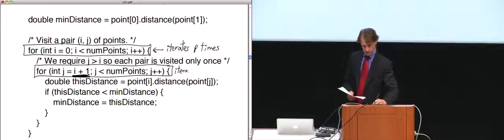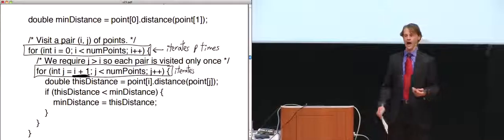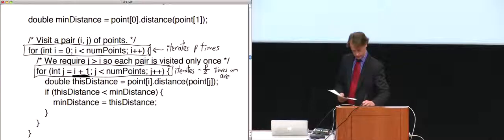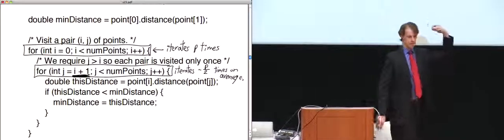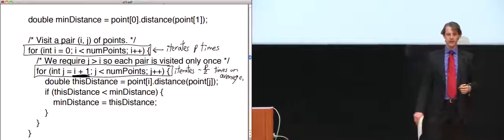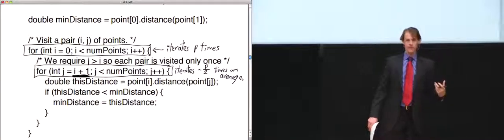A second way to think about it is that since this iterates on all the indices bigger than i, it's going to iterate on average about p over 2 times. The first time through the outer loop, the inner loop will iterate p minus 1 times, because you're checking index 0 against every other index.